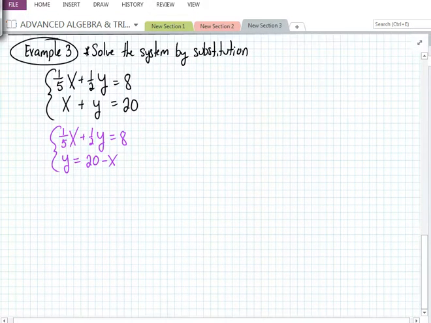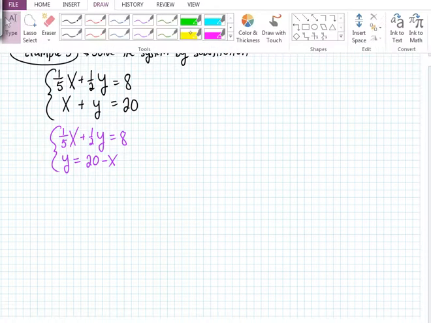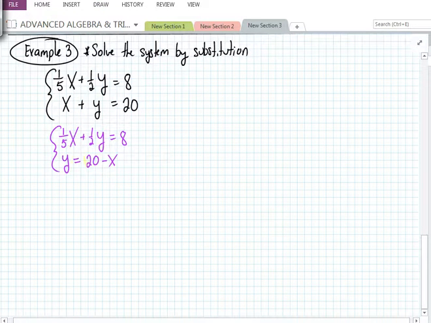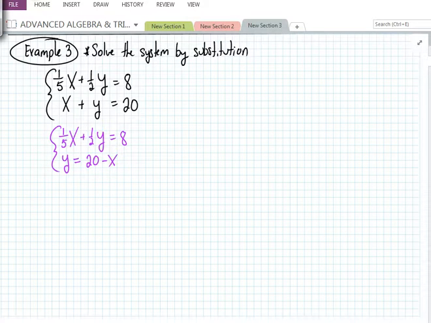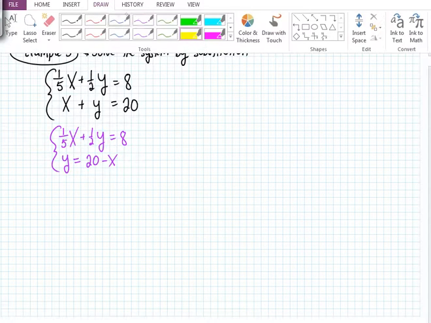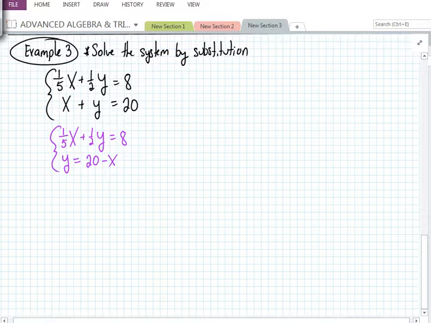Now, don't write this down in your notes, but right now, since y equals 20 minus x, we could insert that where we see y. Remember, we would be using the distributive property and distributing the 1/2. I'm going to choose not to do that, and instead I'm going to multiply and clear the fractions in the first equation. Looking at the denominators 5 and 2, the least common multiple is 10.